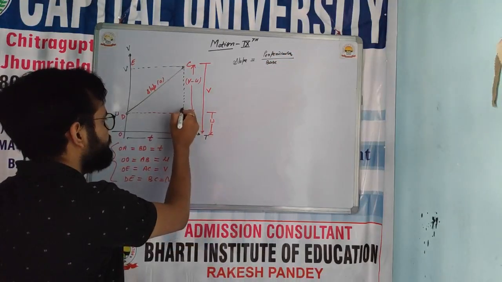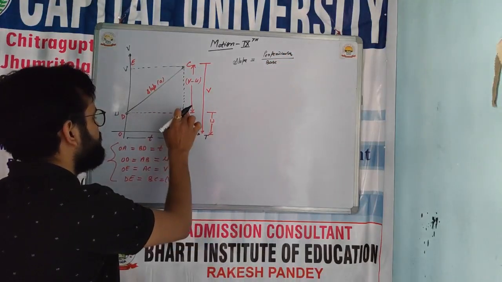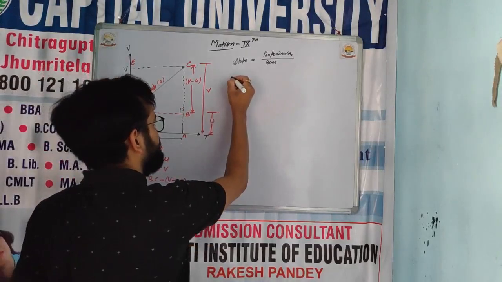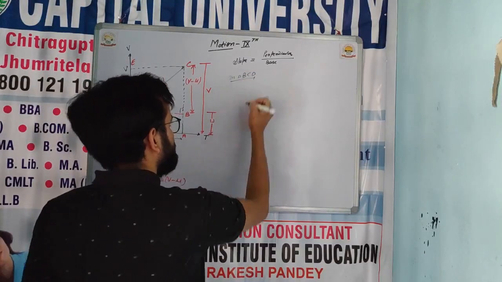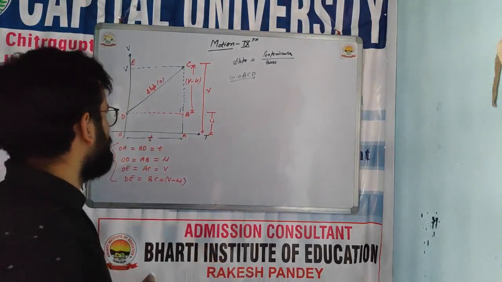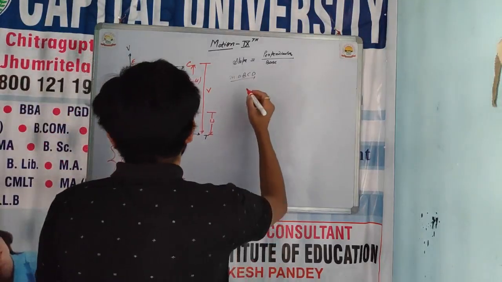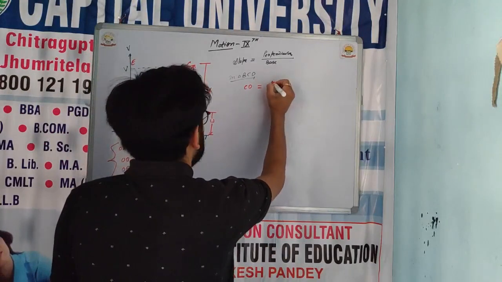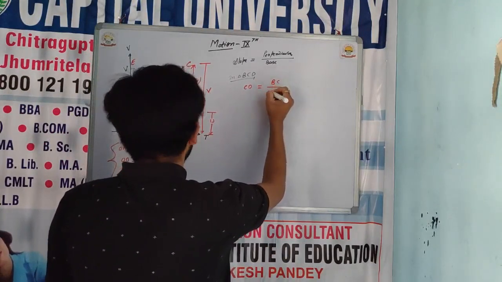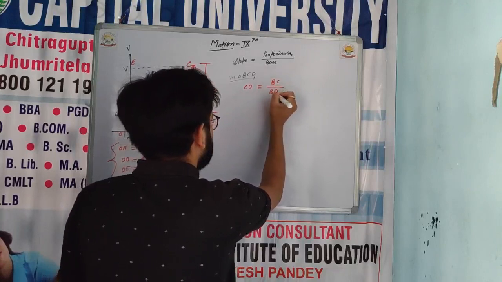In this triangle BCD, we can write slope means CD equal to perpendicular BC by base BD.